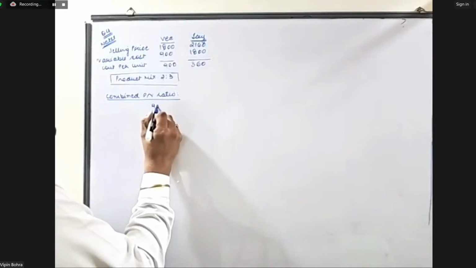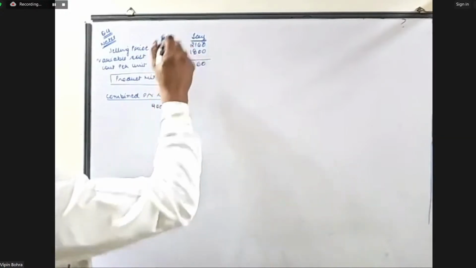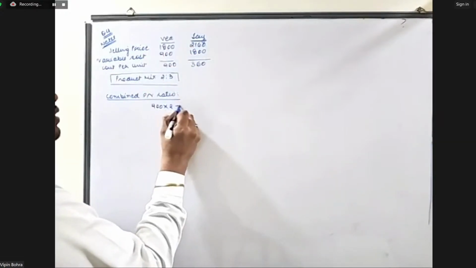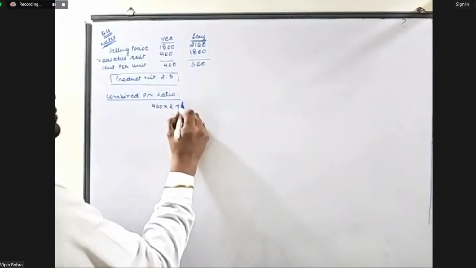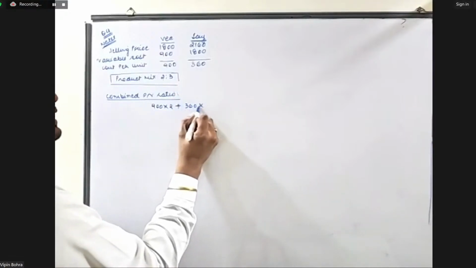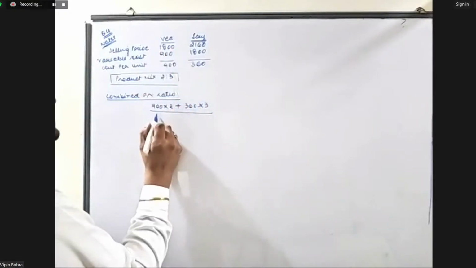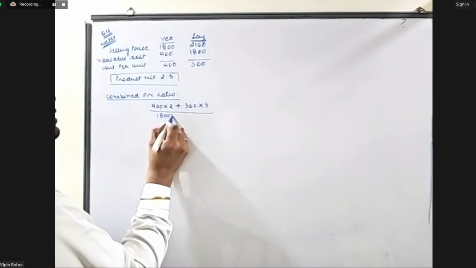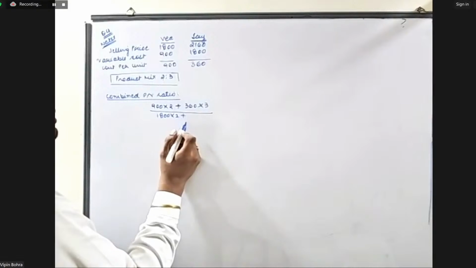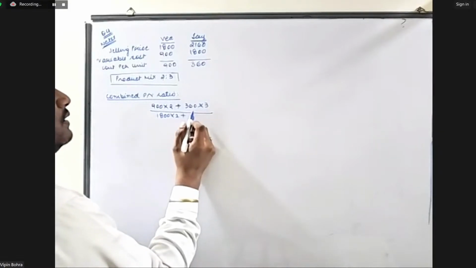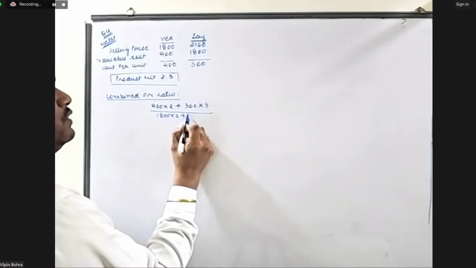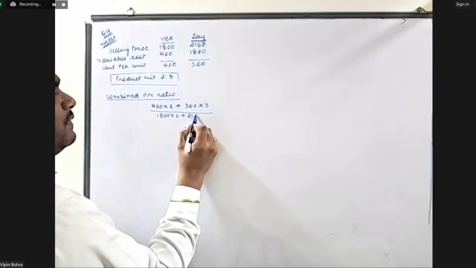So my contribution per unit is 900 for V, into the weight 2, plus the contribution of J is 360 into the weight of J, that is 3, whole divided by selling price 1800 into the weight of V, that is 2, plus the selling price of J into the weight of J, that is 3.